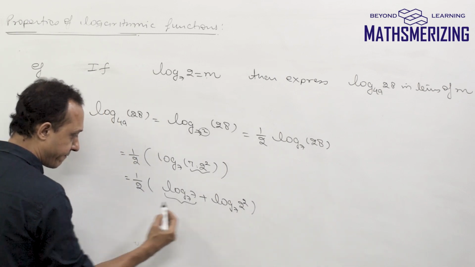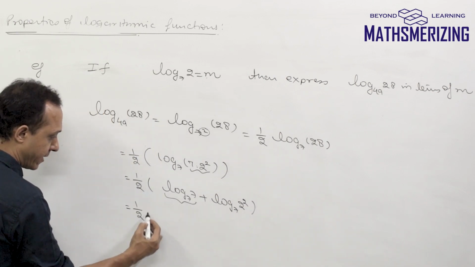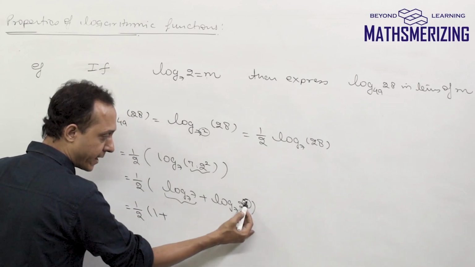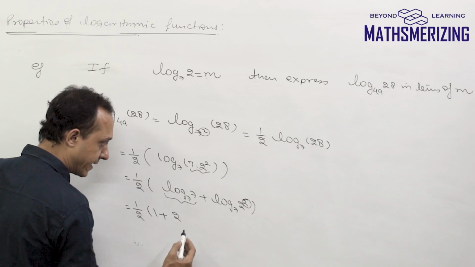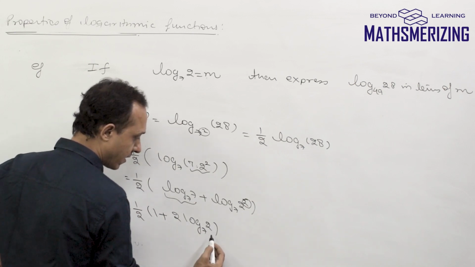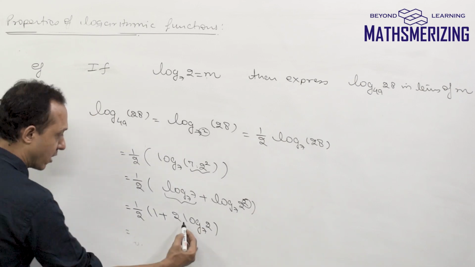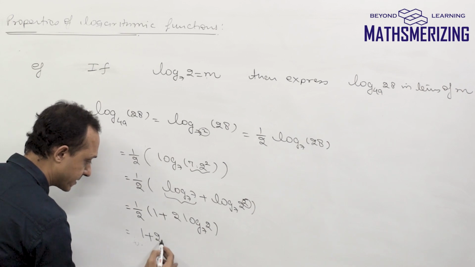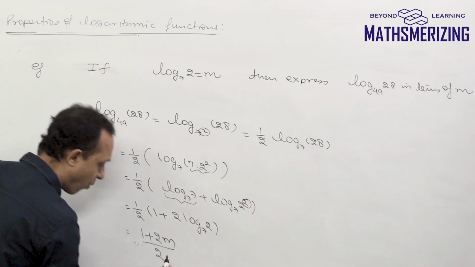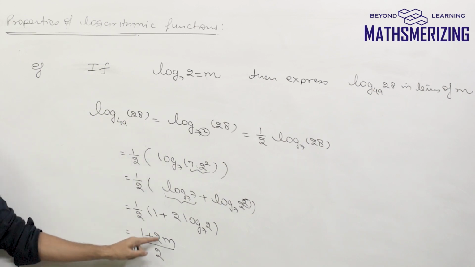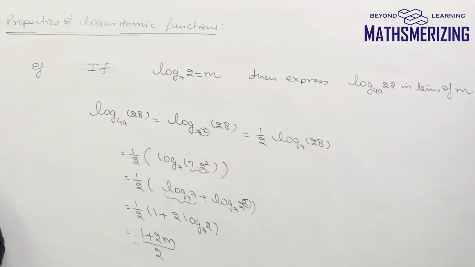Now log a base a is 1, so I can write it as 1 by 2, and this is 1 plus, now here it is log of 2 to the power n, so this n will come out, so I'll write 2 and then log 2 base 7. Now log 2 base 7 is m, so I can express it as (1 plus 2m) by 2. So log 28 to the base 49 is (1 plus 2m) by 2.